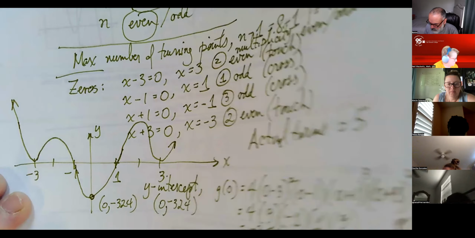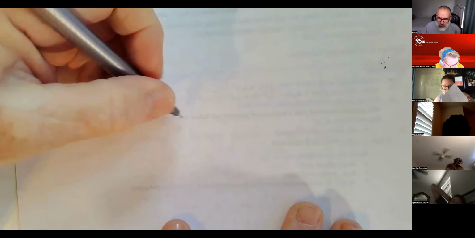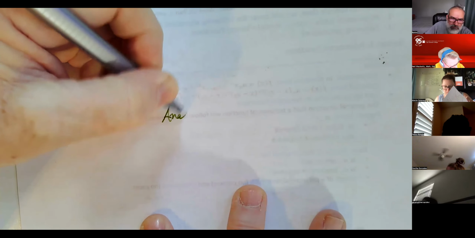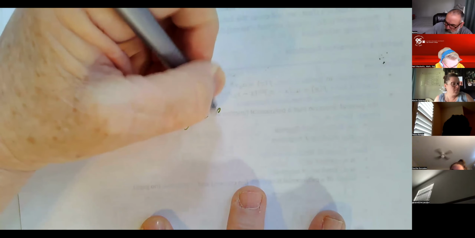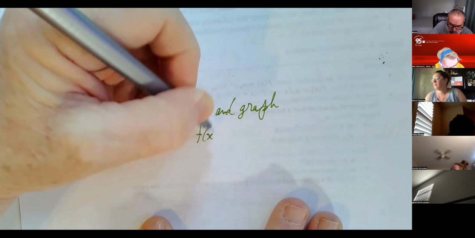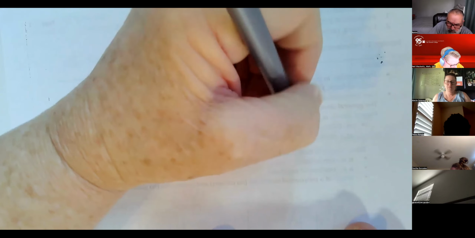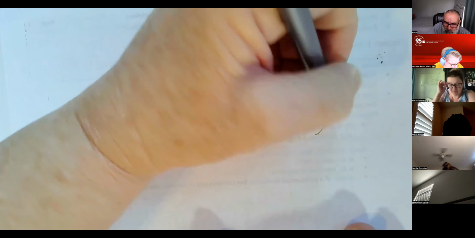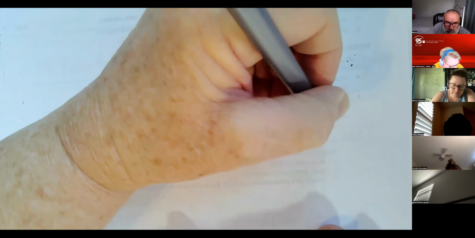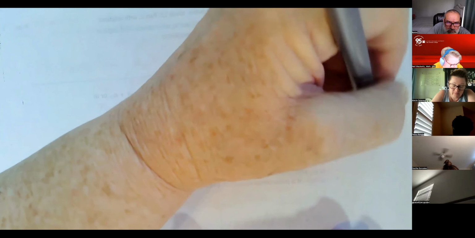So I'm going to make one up for y'all to do. I want you to analyze and graph f of x equals 2 times x minus 1 cubed, x plus 2 squared, x minus 2 cubed, x plus 1 squared.